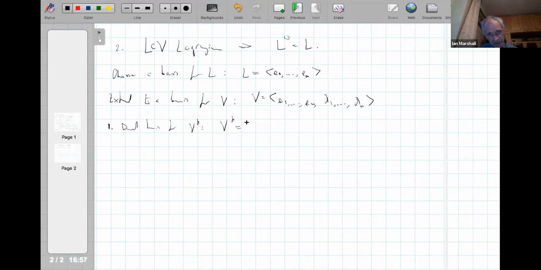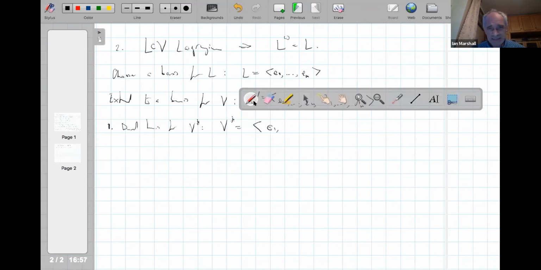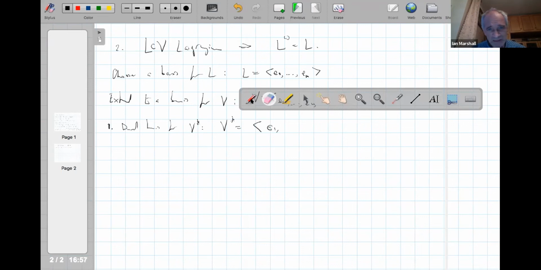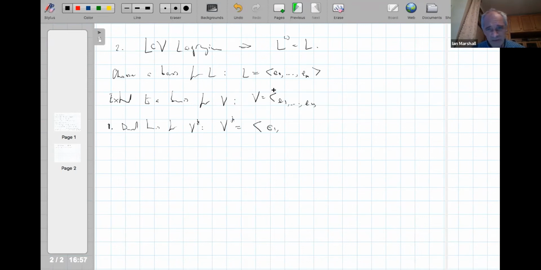By the way, let's do this a different way. It'll be neater if I call these E(n+1) up to E(2n). Then it's epsilon 1 up to epsilon 2n.